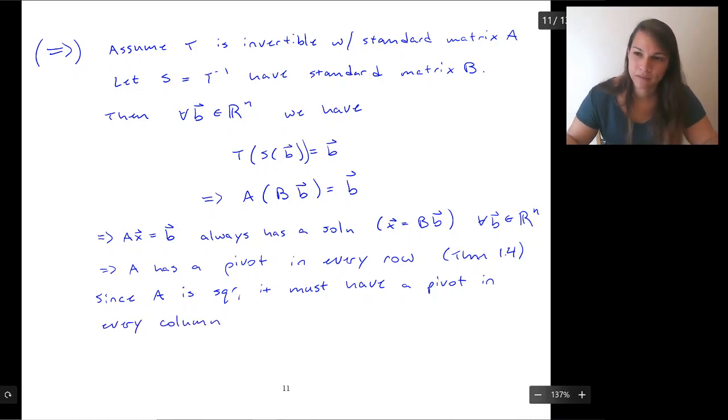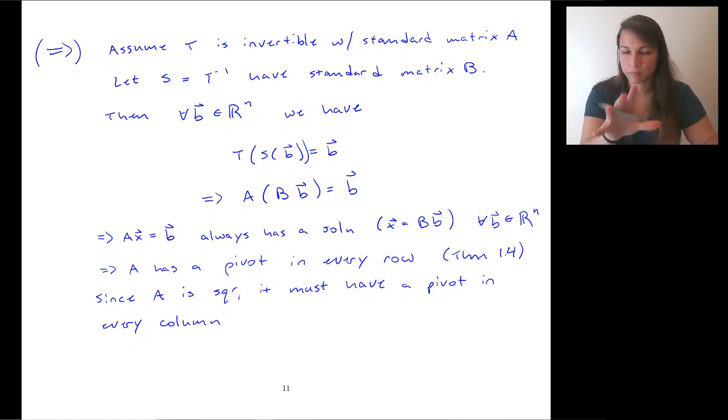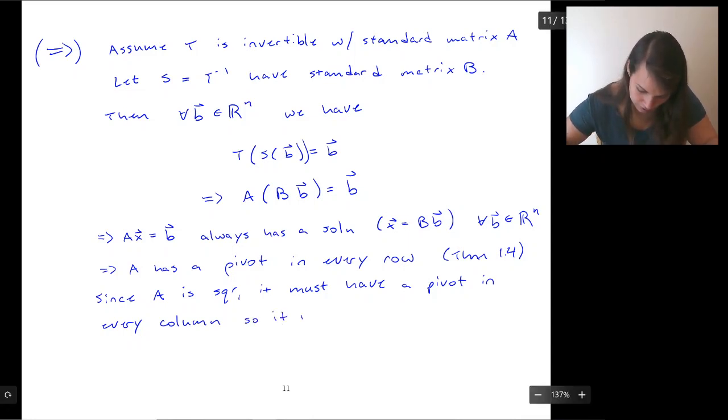So at first you might have been very confused at what I was doing, but hopefully you see where this is going now. If you don't, pause this, try and think about it for a moment, because we're almost at the end. Let's see, it must have a pivot in every column. So it is row equivalent to the identity matrix.